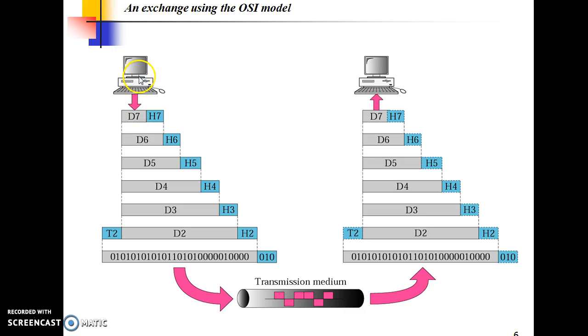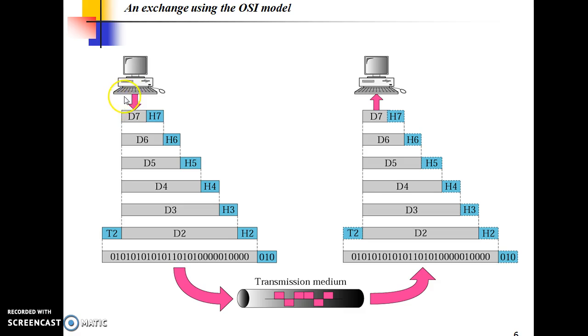Whenever the data flows from the source machine, it flows from the application layer to the presentation layer, then session layer, then transport layer, then network layer, data link layer and physical layer. Then it will flow through a transmission medium, and whenever the data reaches the destination station, it has to pass through the physical layer, data link layer, network layer and so on up to the application layer.